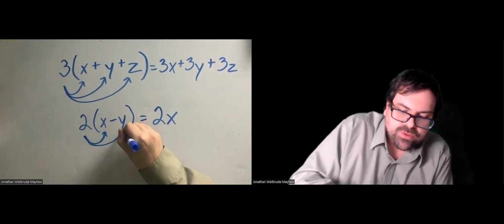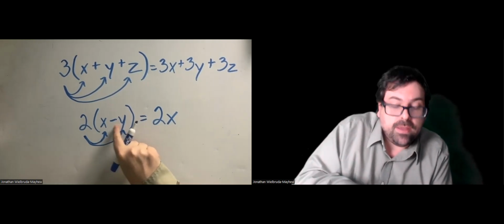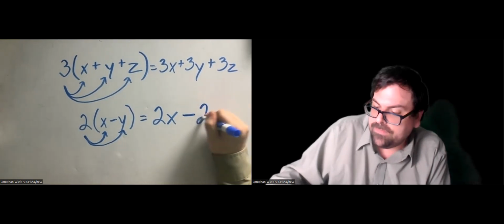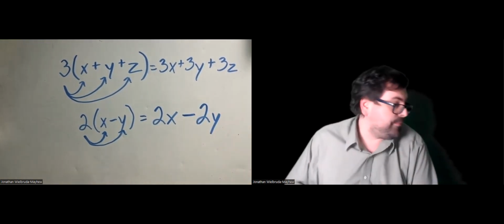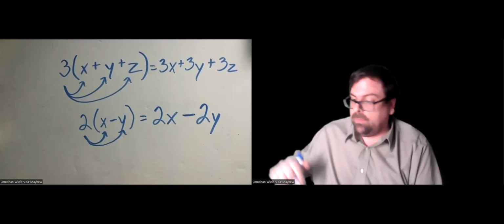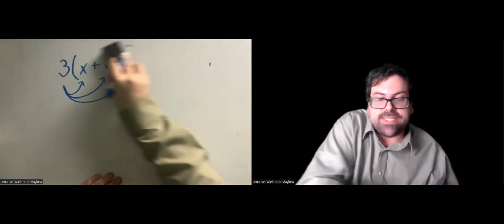And this isn't just 2 times y. This is 2 times negative y. Positive times negative is negative 2y. And we still have to be careful if there's a negative on the outside as well.